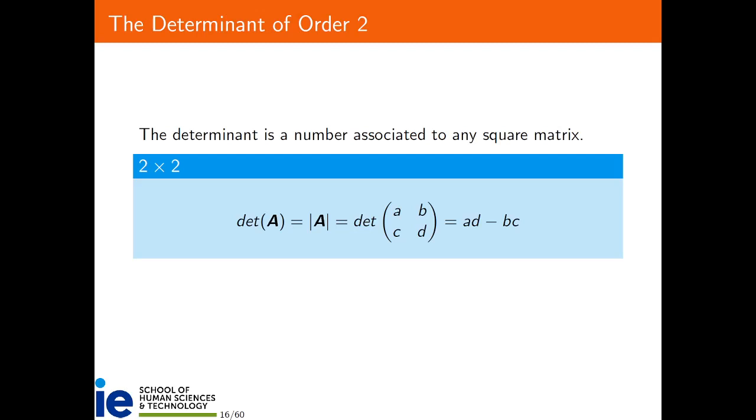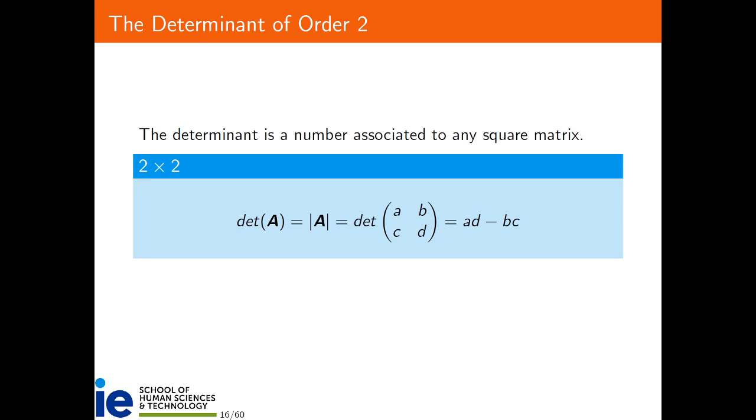In the last lecture, we introduced the concept of determinant, which is a number that summarizes somehow the entries, the properties of a matrix, in particular of a square matrix. The determinant of a square matrix of size 2 is particularly simple to compute.